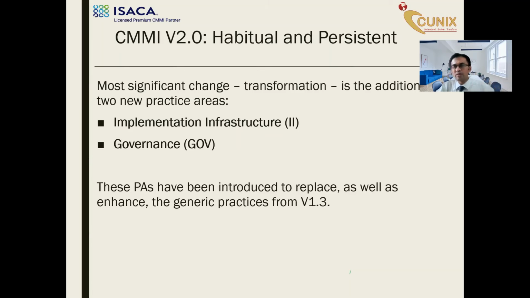They actually do more than replacing the generic practices because, well, you have a process improvement, but how do you ensure that it's habitual and persistent? Habitual means in the blood. It should be there in the blood. No matter whether you're sleeping or driving or walking, you just do it. That's a cultural change. And how long can you continue doing that? It's not about one-time development just for the sake of an appraisal. It's like a real development that happens over and over again. That's where they have introduced II and GOV.